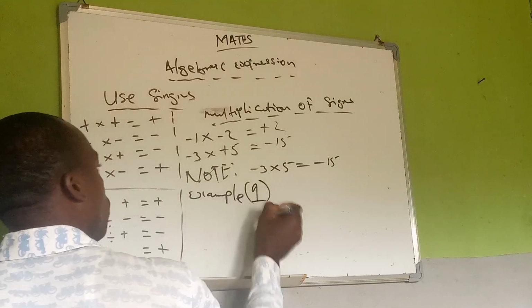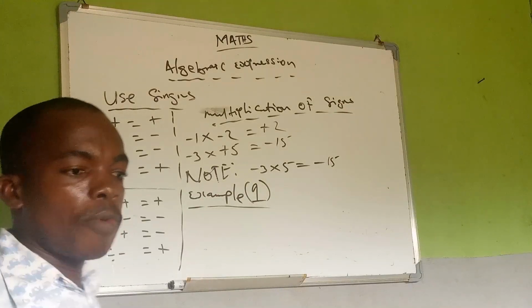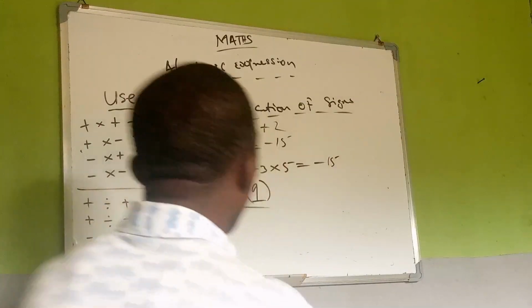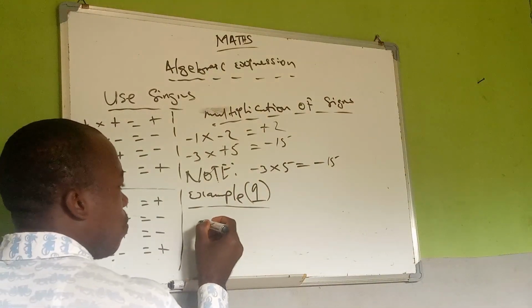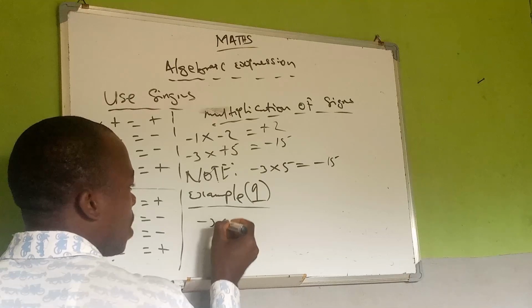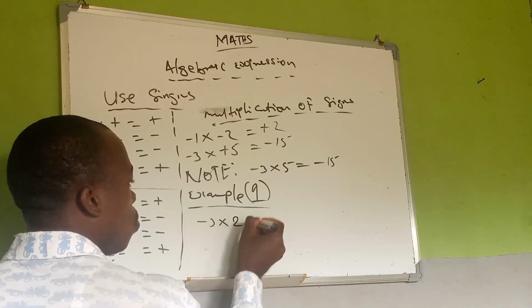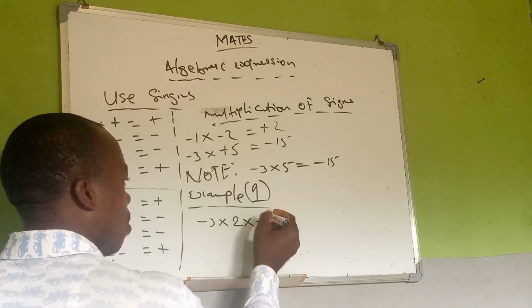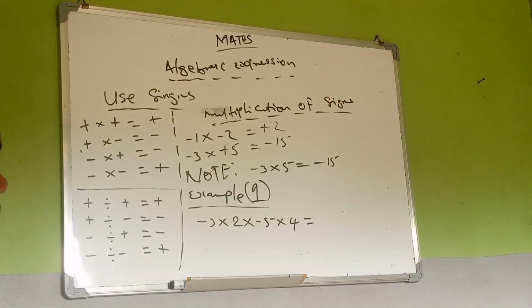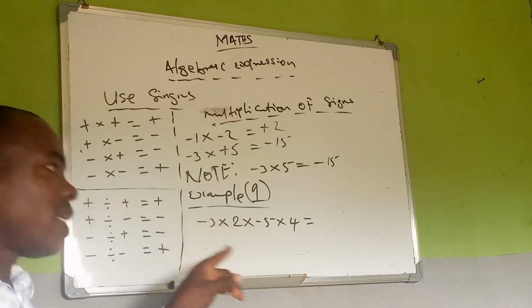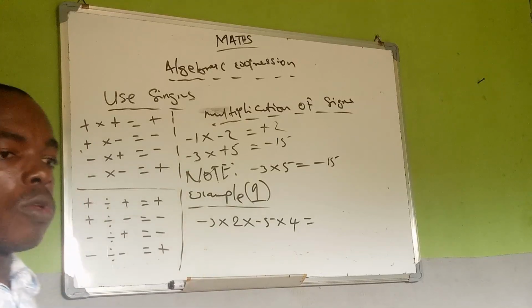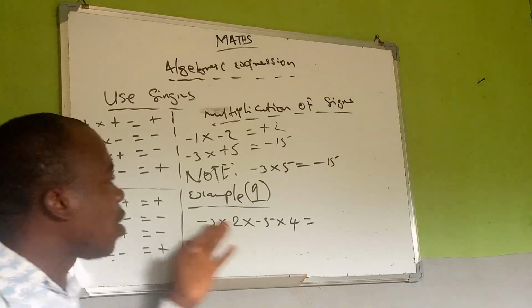Example 1. Let's say we have minus 3 times 2 times minus 5 times 4. The first thing we do is multiply the signs.